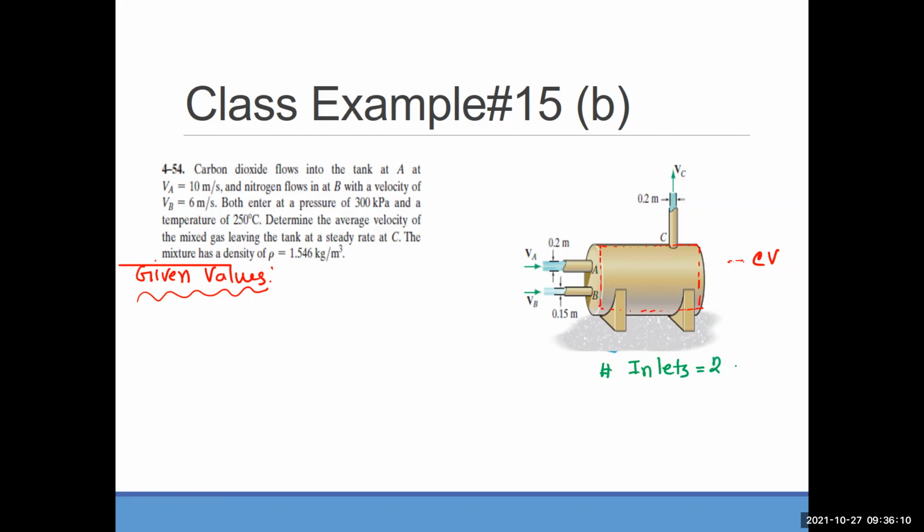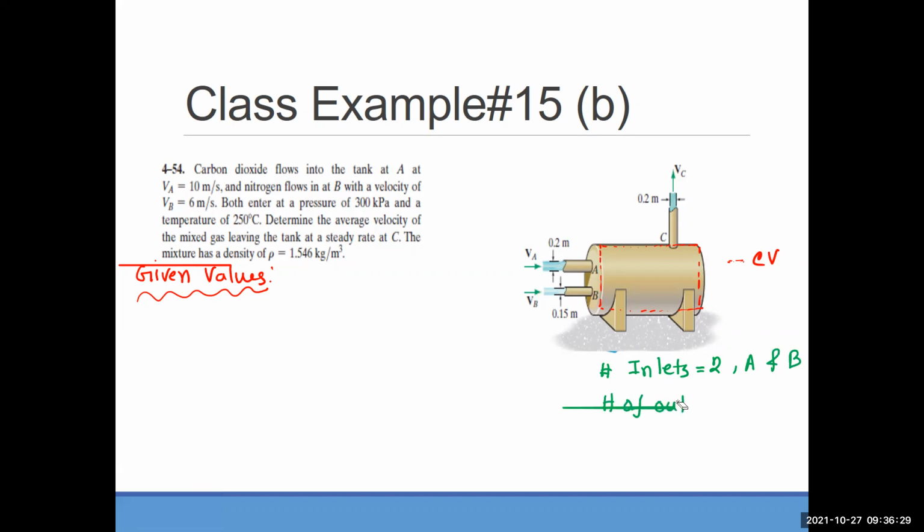Two inlets, A and B, right? And how many outlets do we have?